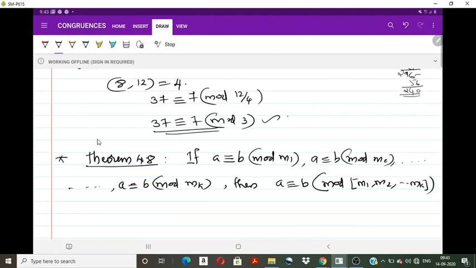So, in this way, we can combine the congruences with different moduli into a single modulus. Let's look at the proof.